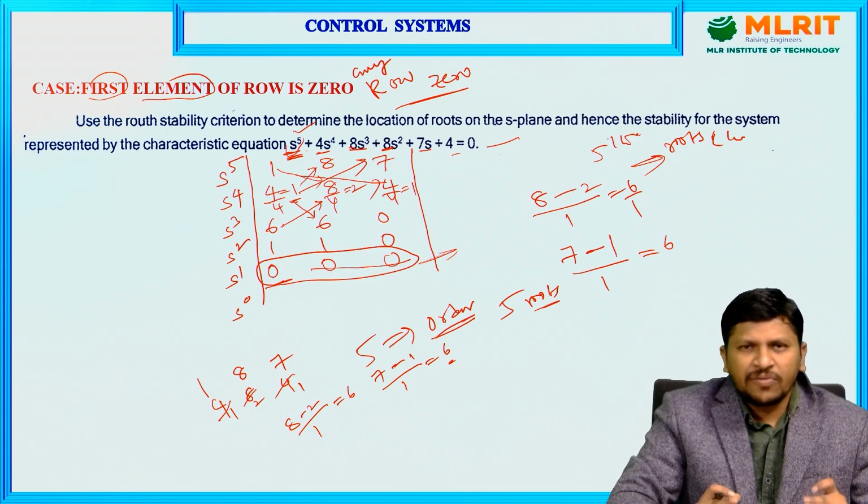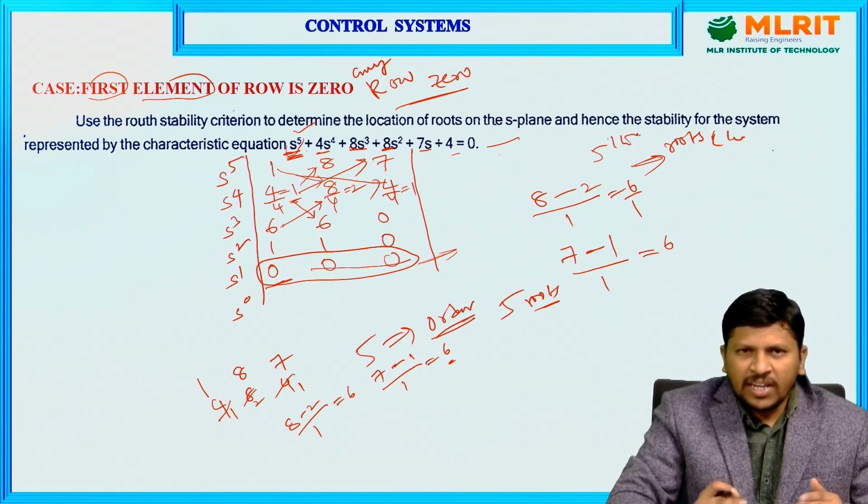In that condition we are going to consider the auxiliary polynomial equation. Auxiliary polynomial equation is nothing but what? The row above the 0 row is nothing but the auxiliary polynomial equation. Always the auxiliary polynomial equation has even powers only. We need to consider the auxiliary polynomial equation, and from that we are going to solve the roots of that polynomial equation.